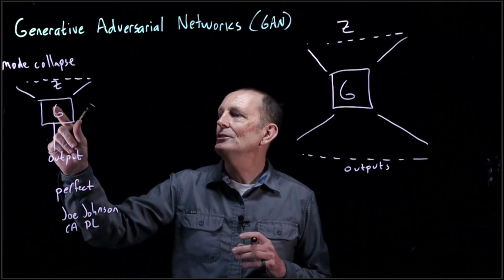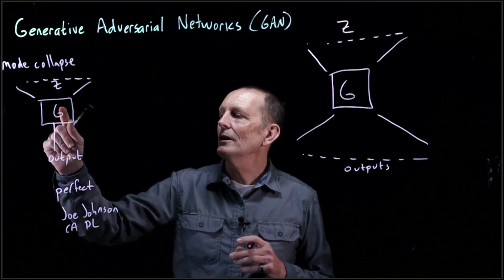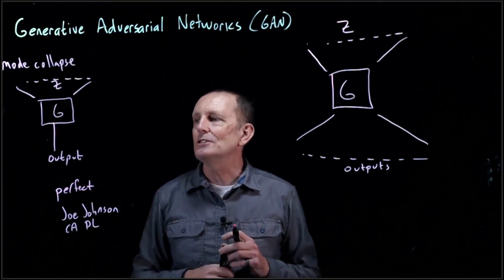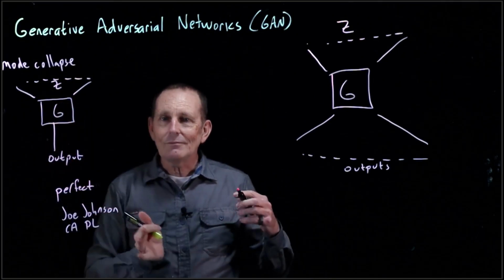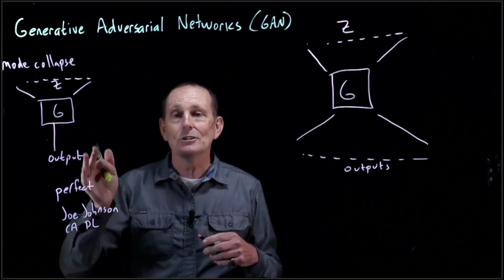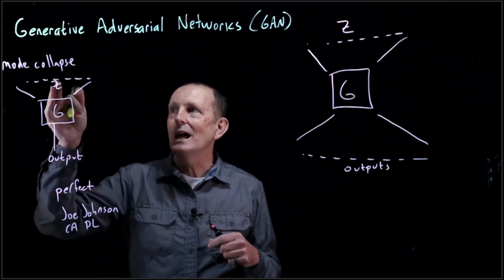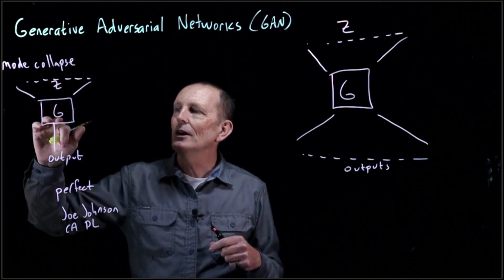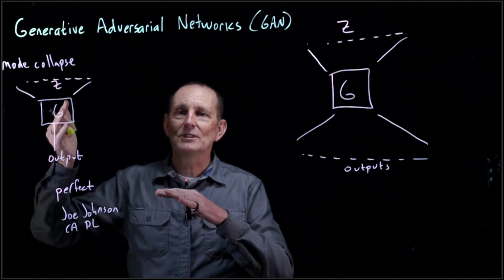So the neural network will soon learn that Joe Johnson is no good, that's not going to work. As it gets feedback from the discriminator and backpropagates, soon the Joe Johnson is going to stop working. Now what can happen in this mode collapse is that the neural network collapses to a different mode.